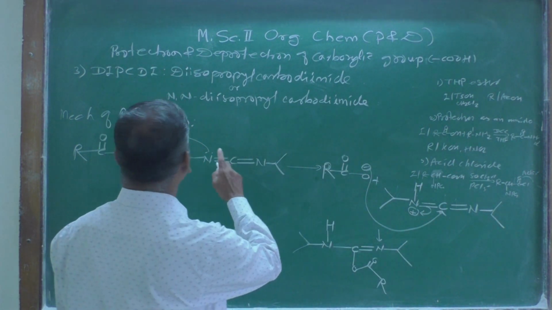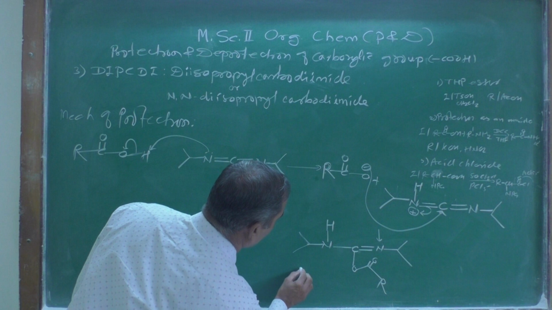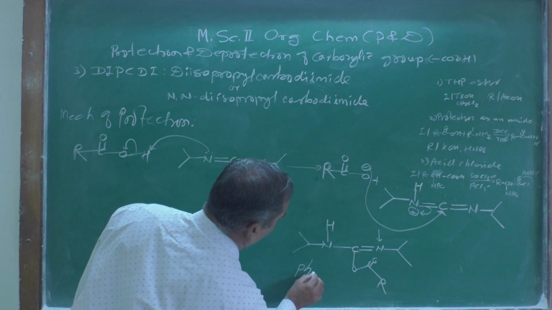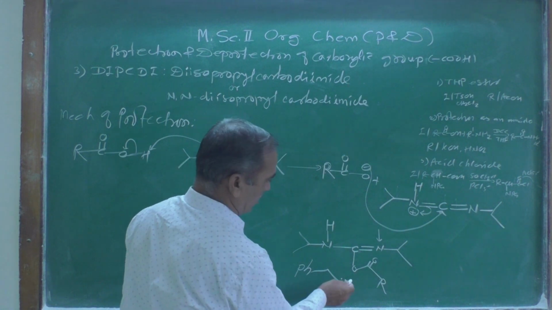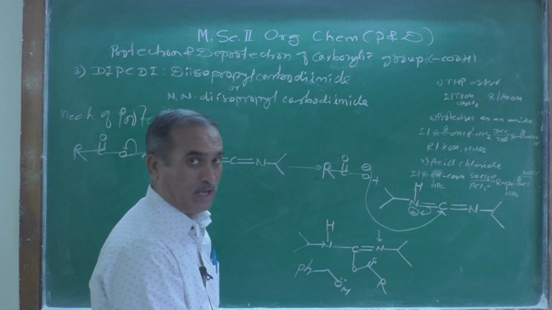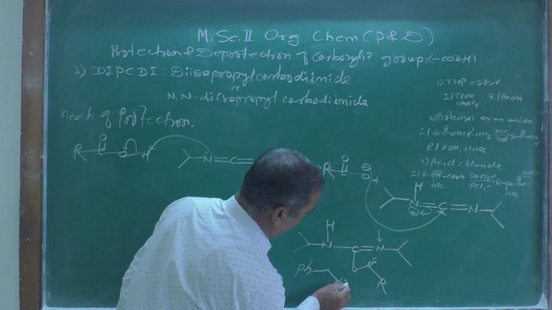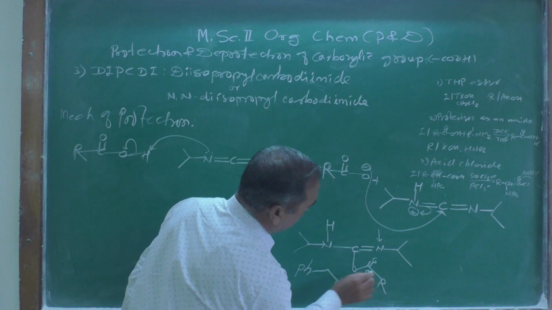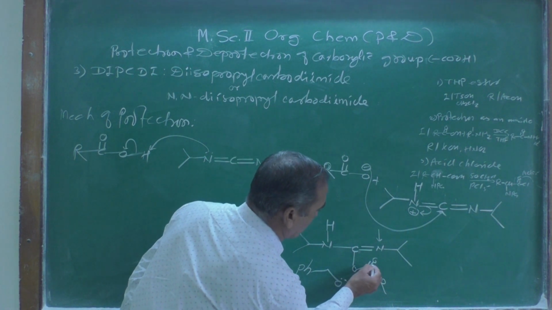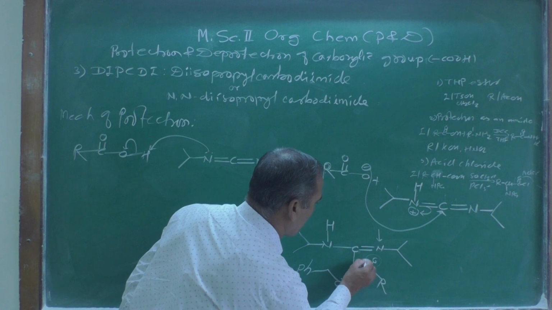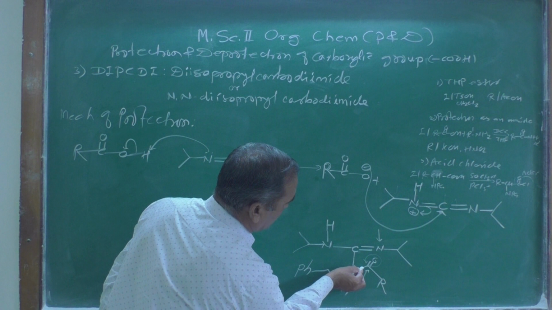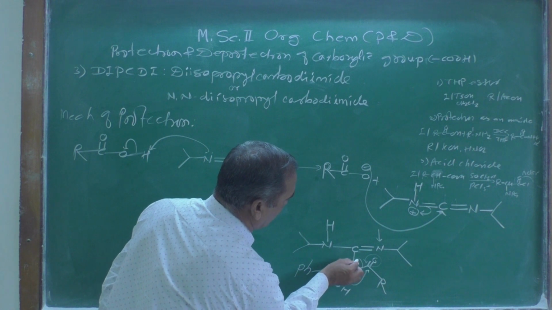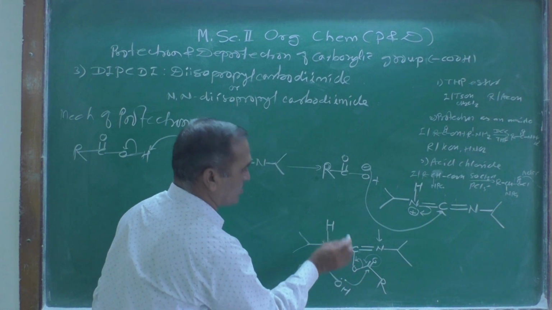And now the benzyl alcohol, we know that is pH CH2 OH. The lone pair available on that oxygen atom attacks this carbonyl group, the double bond revolving around in this fashion, and this sigma bond breaks, forming a double bond with that oxygen atom.